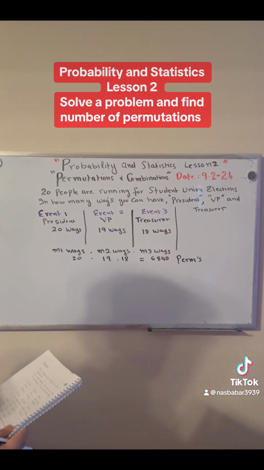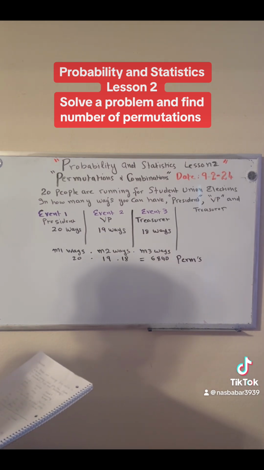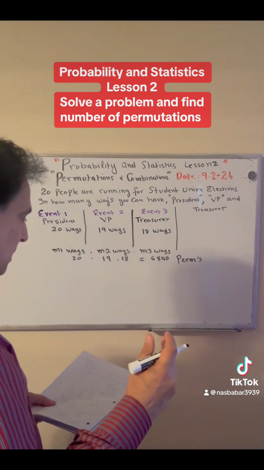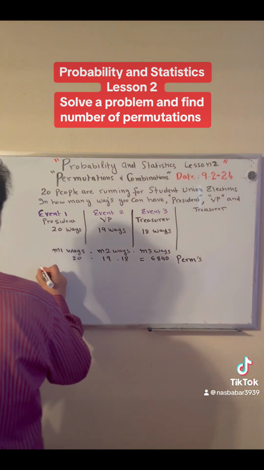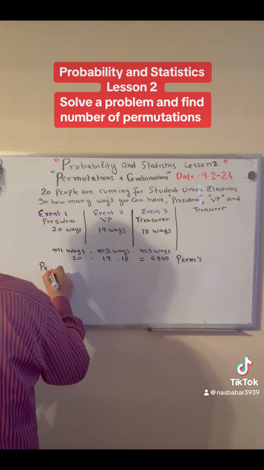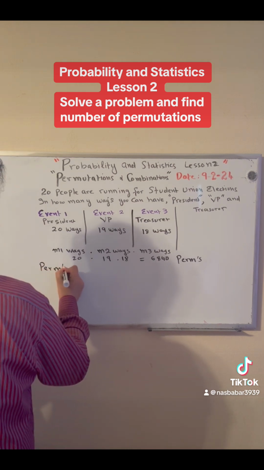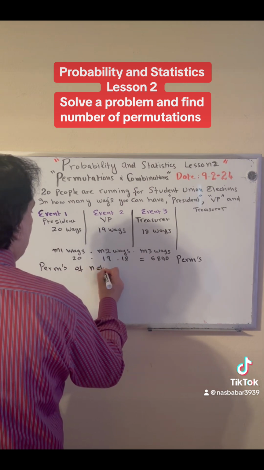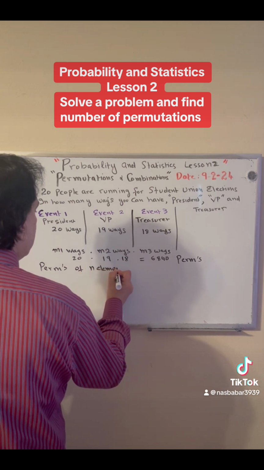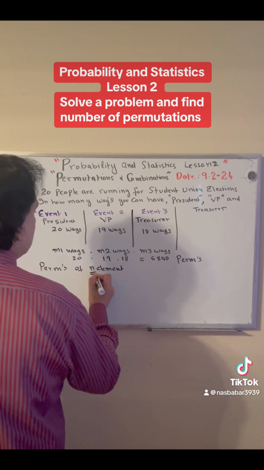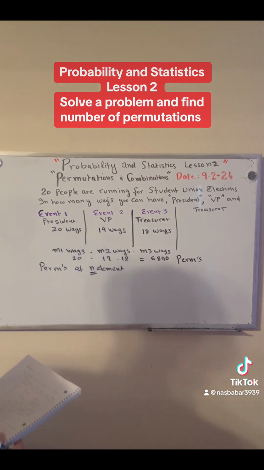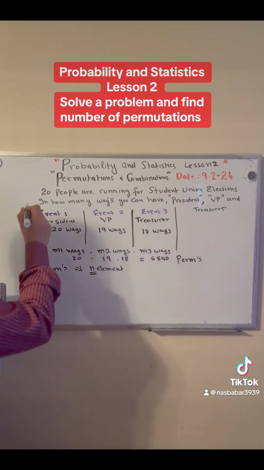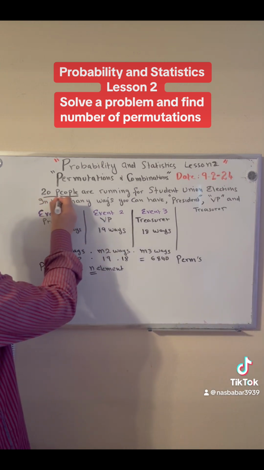It's pretty easy, right? So basically, permutations of n elements. Let me write this down. Perms of n elements. What is an element? In this case, there are 20 elements because we specified there are 20 people running for the election.